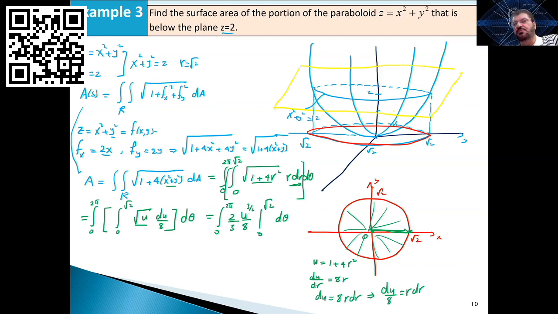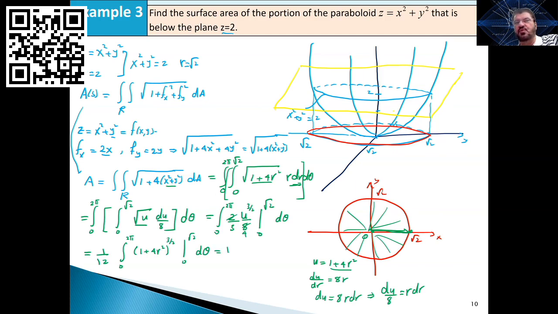Now, what's u? u is 1 plus 4r squared. And by the way, this 4 with this 3 is 12, so you can take 1 over 12 out. So we're left with the integration from 0 to 2 pi of 1 plus 4r squared to the power 3 over 2, from 0 to root 2, d theta. What do we plug in first? Root 2.